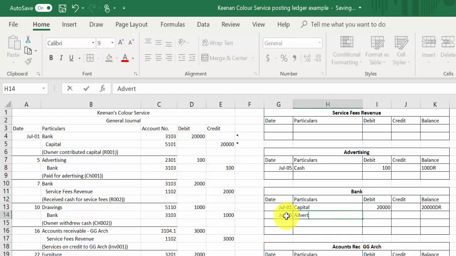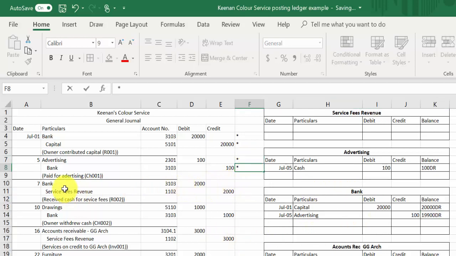It was for advertising, so that's my other detail. I've got to put that on the credit side for 100, which makes this go down to 19,900, but it's a debit. You can see here that you've got to keep track of your debits and credits. I've got $20,000 credits and $100 credit, which means that I've still got 19,900 of debits left. So that's how this account works.